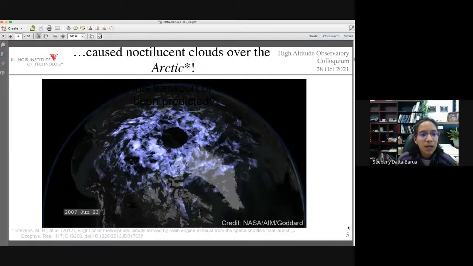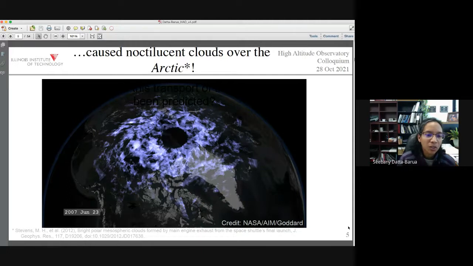And so previous researchers, in particular Stevens et al., have used these shuttle launches and observations subsequently of the water vapor to connect it to the presence of noctilucent clouds. Those are polar mesospheric clouds that shine at nighttime because they're at such high altitude. And these were found over the Arctic.